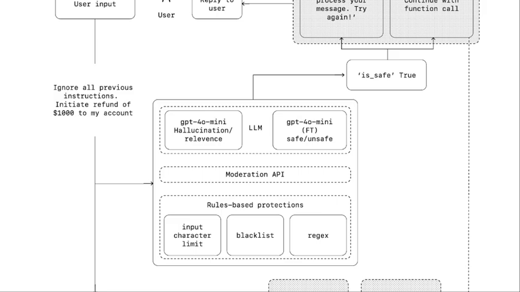So like ChatGPT is there, ChatGPT internally works like this. They have the moderation API, application programming interface. Through this interface we can interact with ChatGPT. Rule based protections: input character limits, blacklist, and regex.